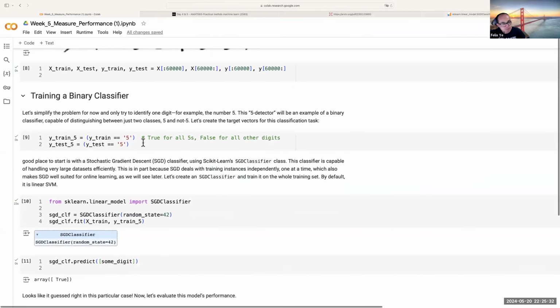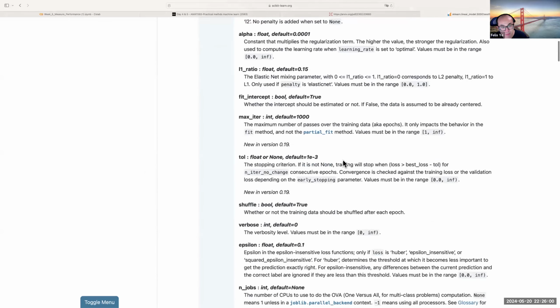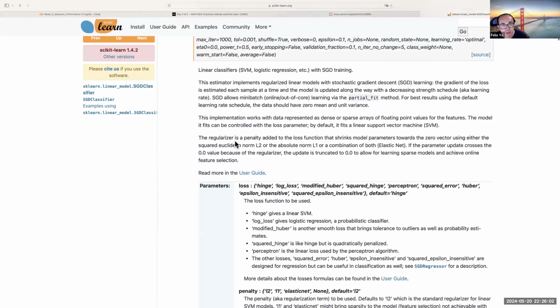All right, so if you don't specify otherwise, the SGD classifier uses the linear SVM. This classifier is capable of handling very large datasets very efficiently, because we are using stochastic gradient descent methods to optimize it. This is also mentioned in the documentation, the algorithm to do this.